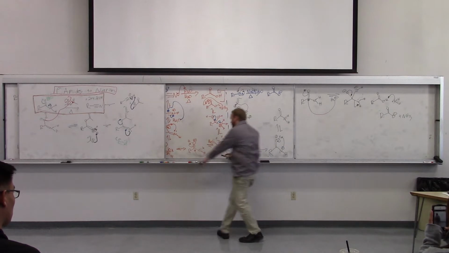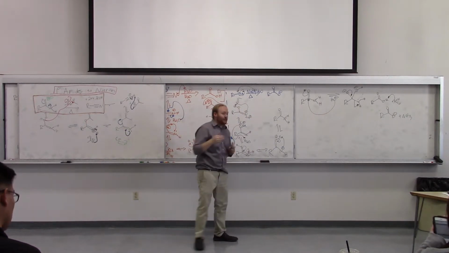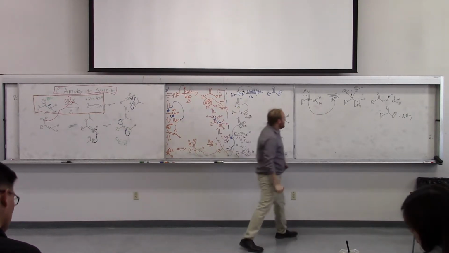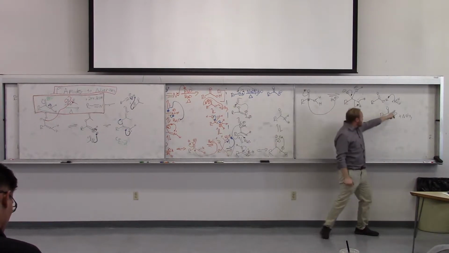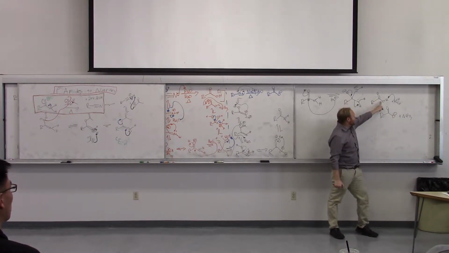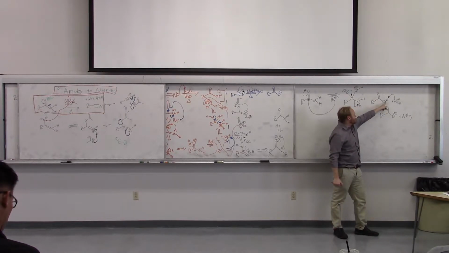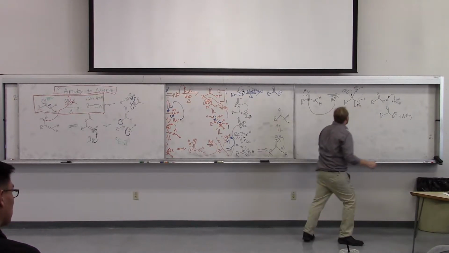So I'm going to give you guys two mechanisms and I want a show of hands just to see what you guys like better. So first mechanism in blue is kicking up NH2 minus, giving us a carboxylic acid, the NH2 minus, which we quickly grab the proton, giving us the product.